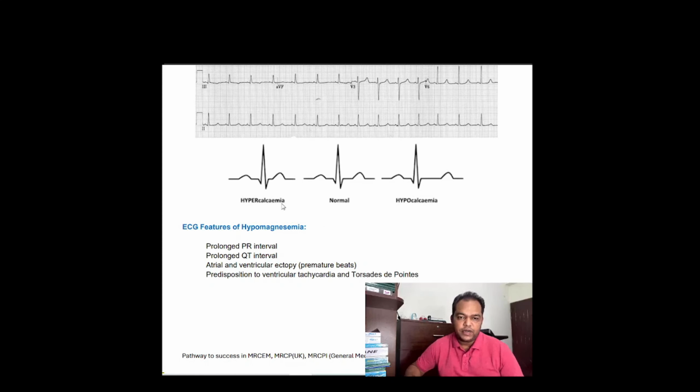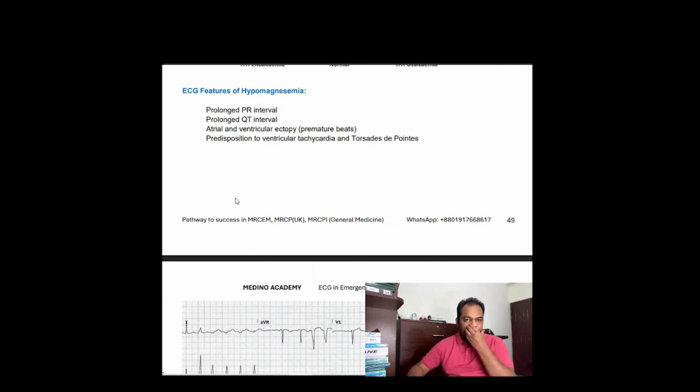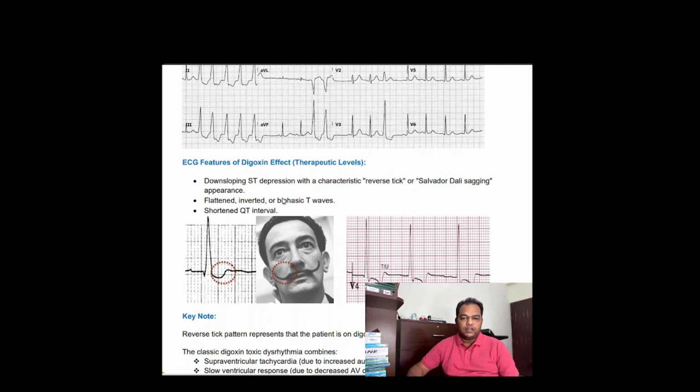In case of hypercalcemia, the QT interval is decreased, that means shortened. And in case of hypocalcemia, the QT interval is prolonged. In case of hypomagnesemia, there is also prolonged PR and QT interval.